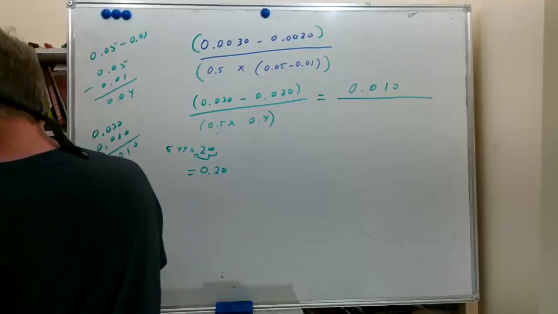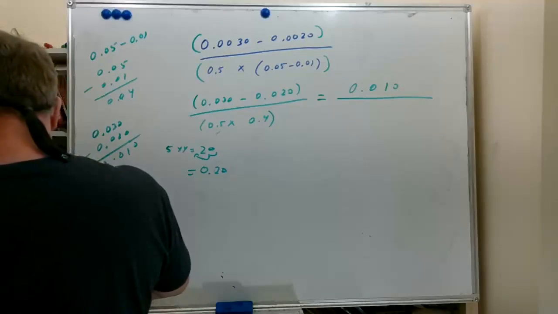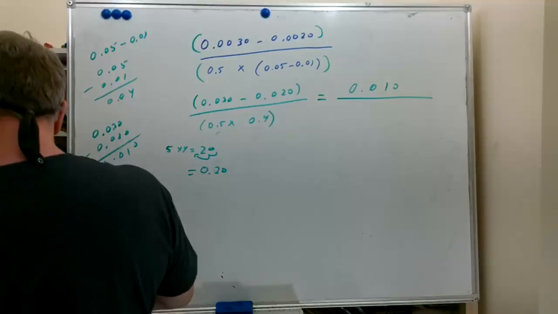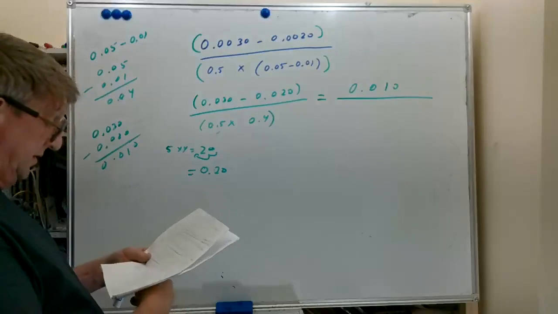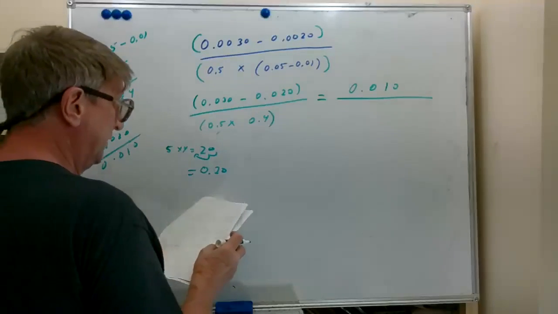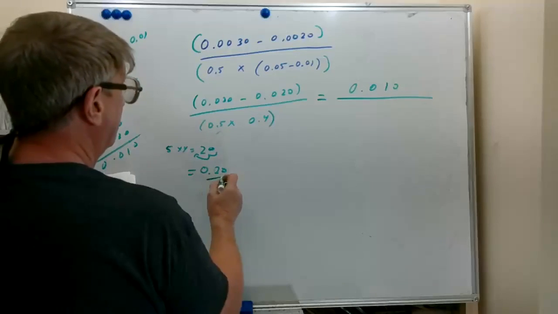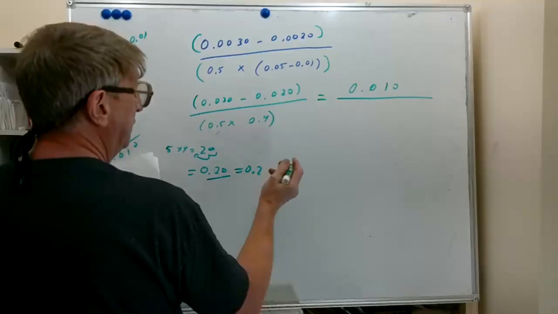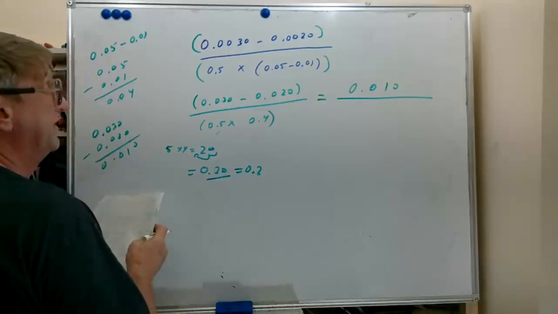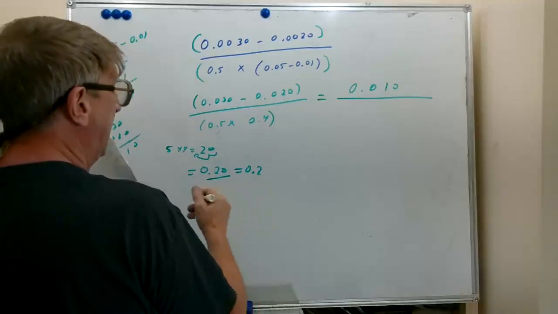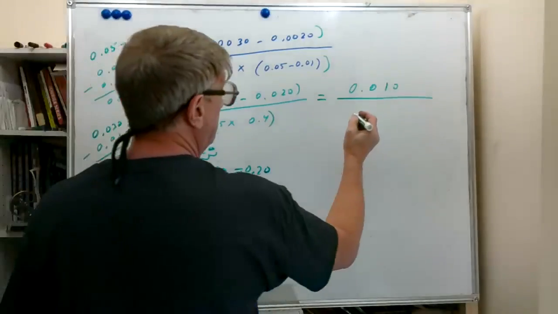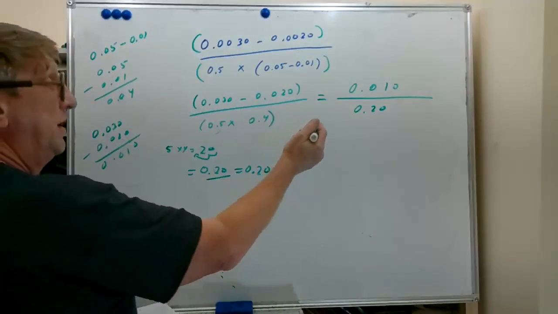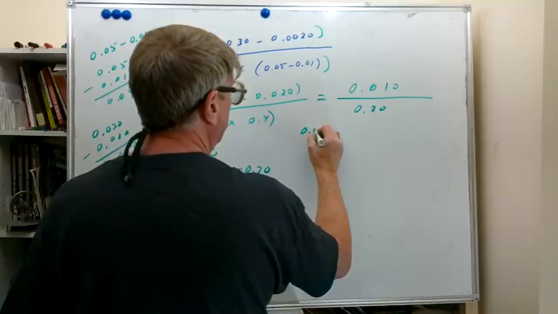Let me check. Yeah, 0.2. This ends up being 0.2. And we could drop the trailing zero. Well, let's not. So we can replace this with 0.20. Now this is, we said before, 0.010.